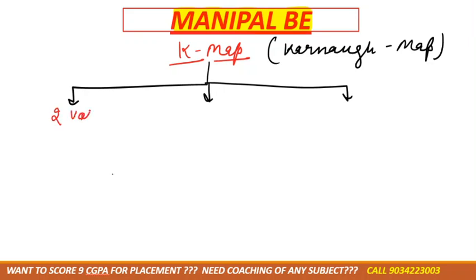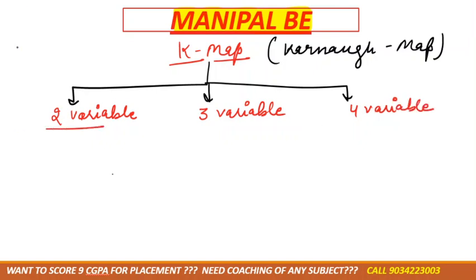One is the 2-variable K map, another is the 3-variable K map, and another one is the 4-variable K map. 2-variable K map means we have A and B. 3-variable K map means we can have A, B and C. And for 4-variable, tell me what we can write for the 4-variable. That is A, B, C and D, right?